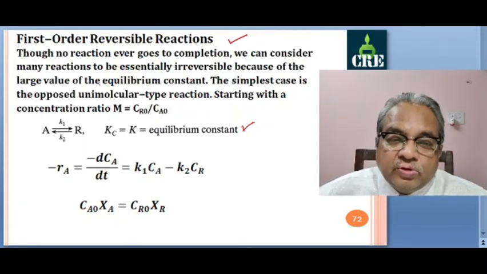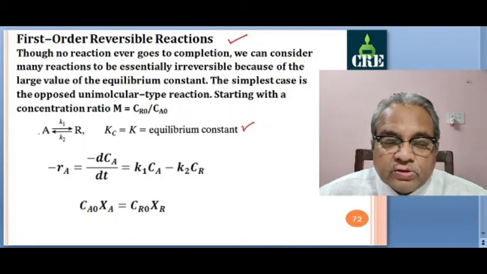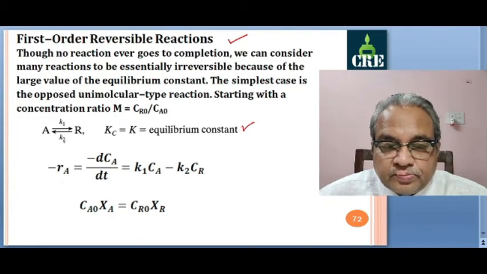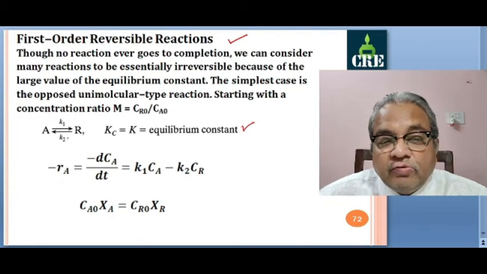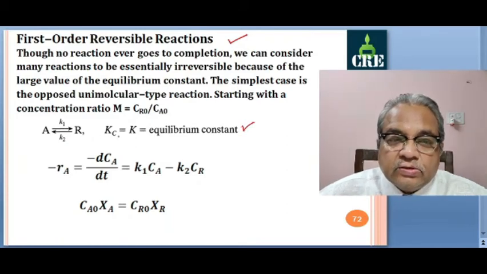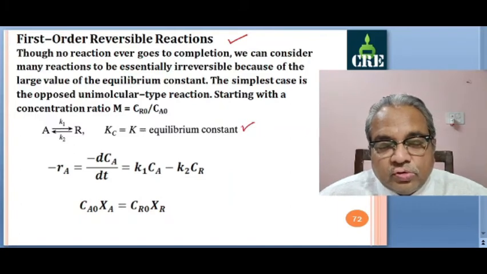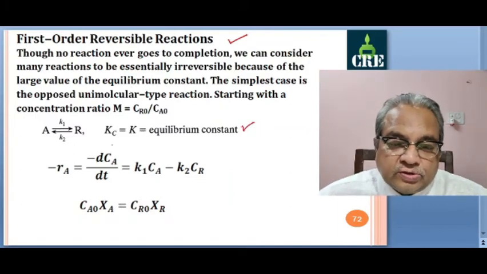But it will not be so always. Depending upon the system, these values may be comparable. K1 is not very high compared to K2, or Kc is not very high. In that case, we have to go with the analysis considering both forward and reverse rate constants.